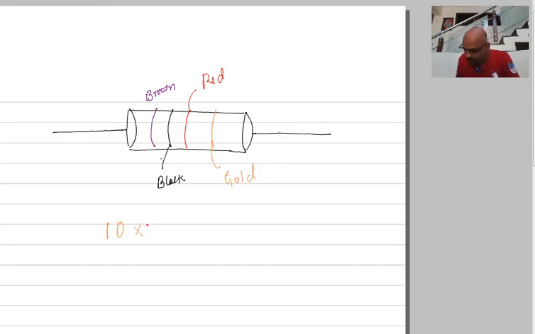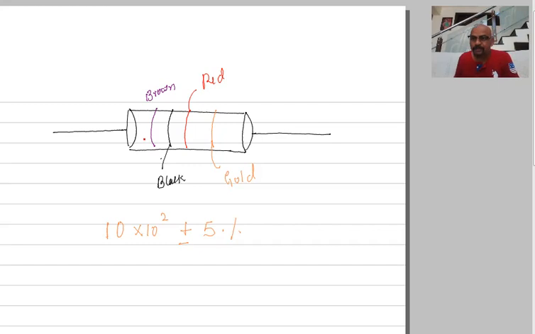Therefore third ring is 10 to the power 2. And the fourth ring is gold, which means the tolerance, that is plus or minus 5%.